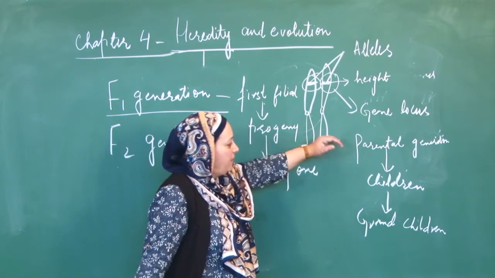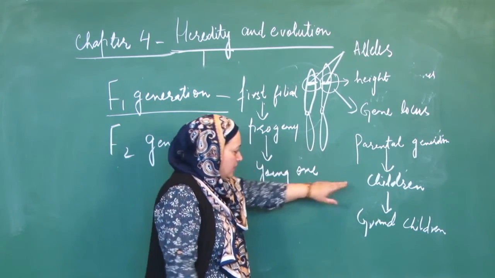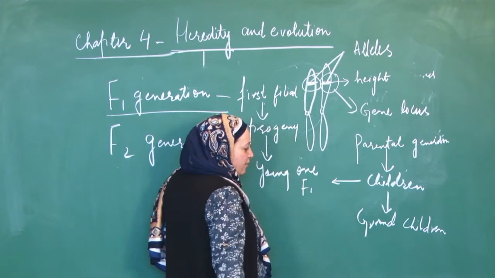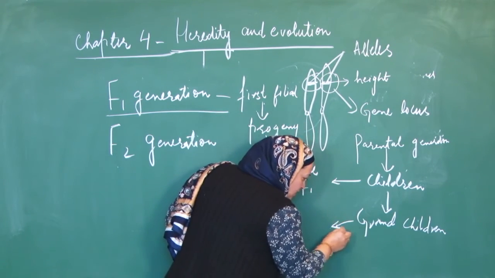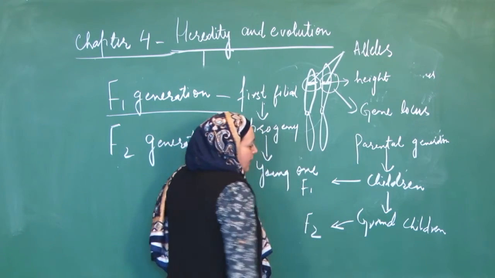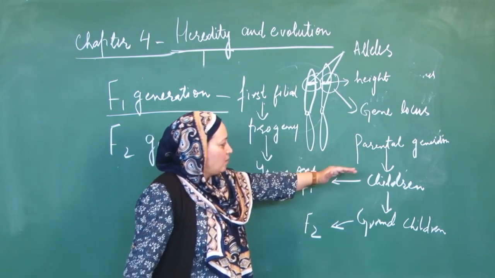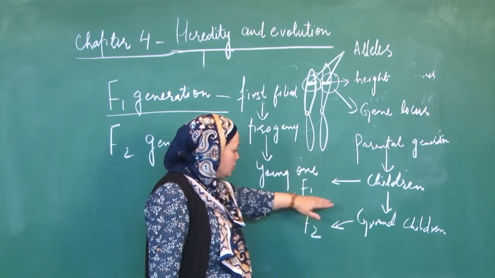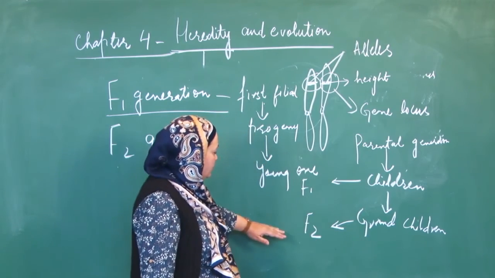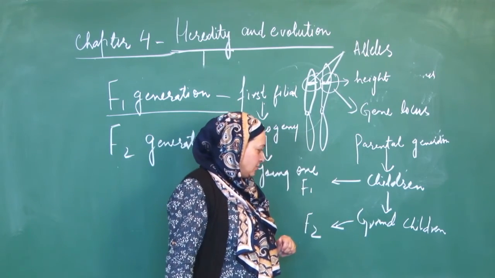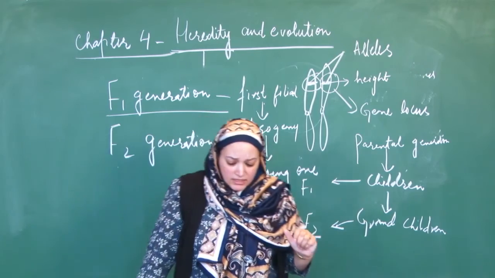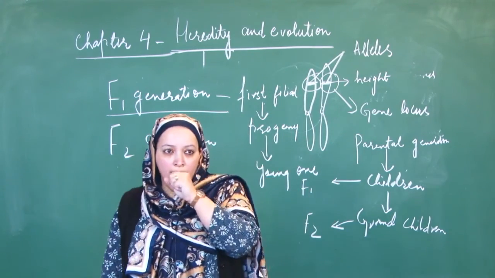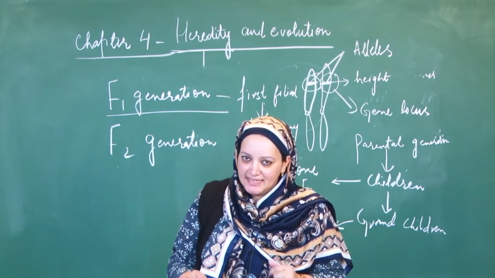So, parental generation, children are the F1 generation, F1 progeny, grandchildren, F2 progeny, and it continues in the same way. Now, these were the terms which were used by Mendel while doing his experiments.